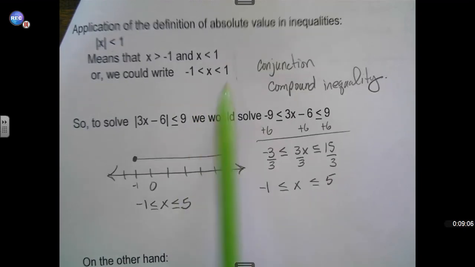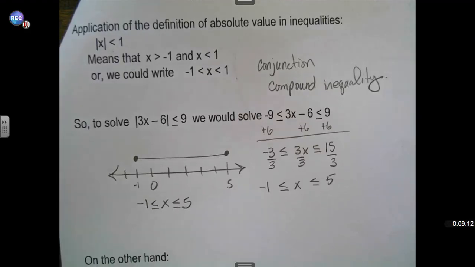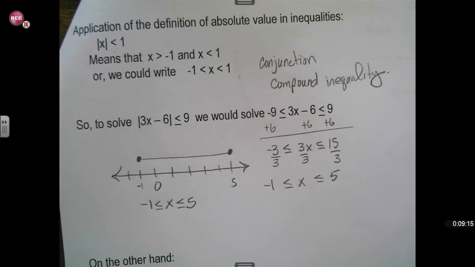Greater has the or in it, so we're writing an or statement to apply the definition of absolute value. And like I said, that's just basically following those steps for whether I have a less than problem or a greater than problem with absolute value. That's how I apply that definition of absolute value.